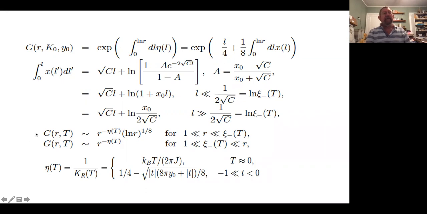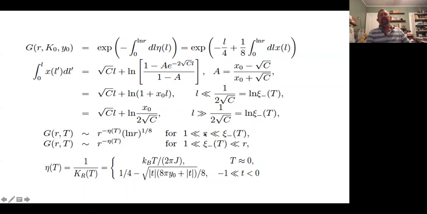And therefore, what we end up with is the spin-spin correlation function as a function of R and T has two forms. We have either R to the minus η(T) times the logarithm of R to the power of 1/8. And this is true for both the separation R and the correlation length scale much larger than 1.